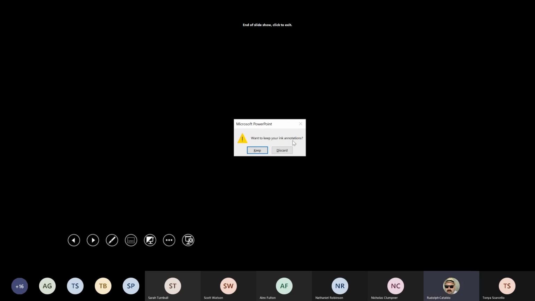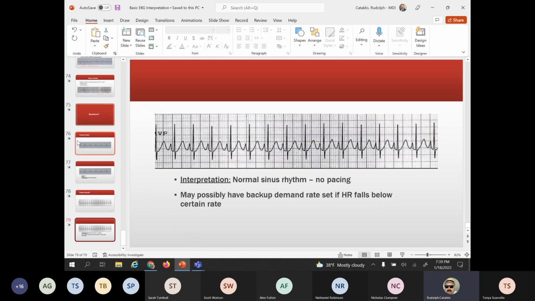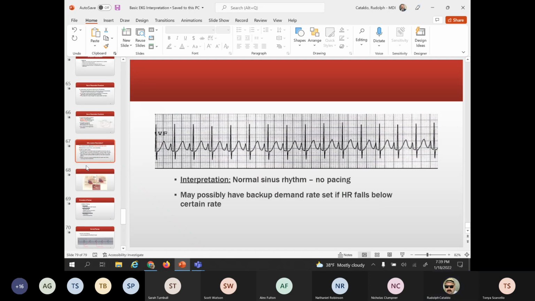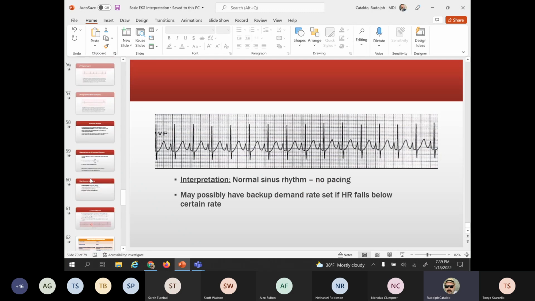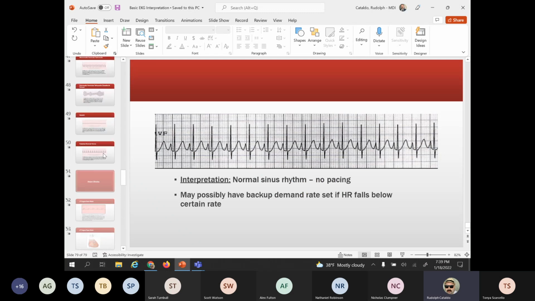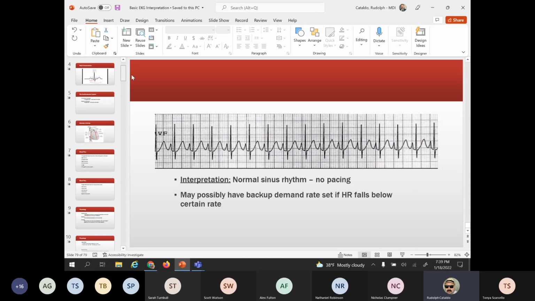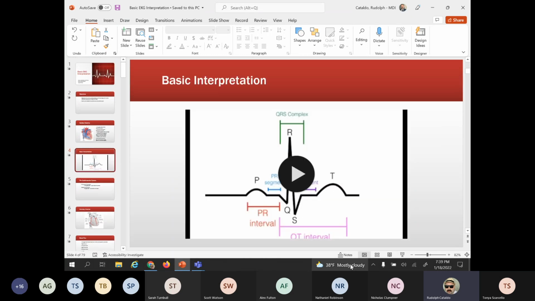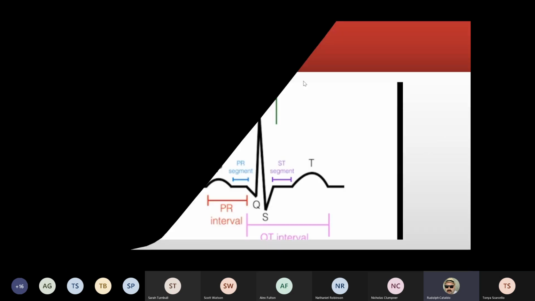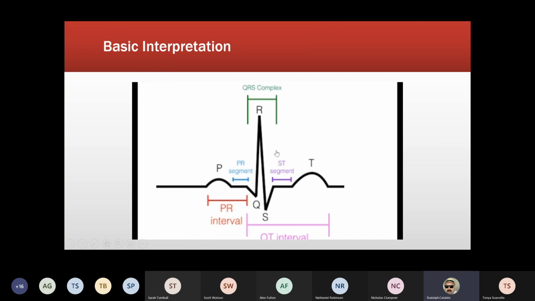All right, let me go back to that video that kind of walks through looking at different strips. We'll watch this video real quick and we'll kind of talk about it. Again, I'm just trying to get you guys in the mindset of reading a rhythm strip.